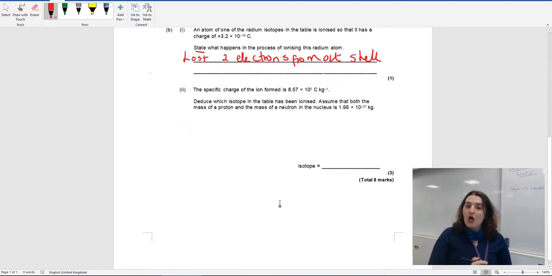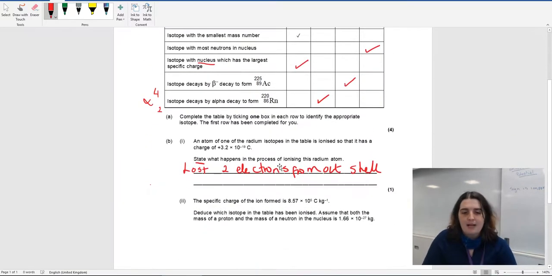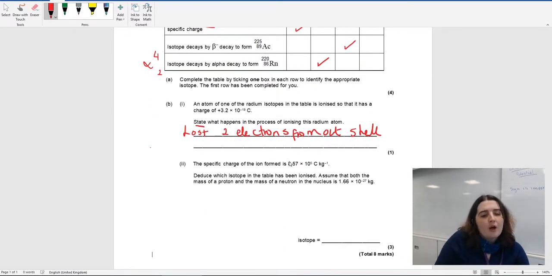The specific charge of this ion formed is 8.57 times 10 to the 5 coulombs per kilogram. Deduce which isotope, so which one of these is the actual value here. We have specific charge equals the charge over the mass.